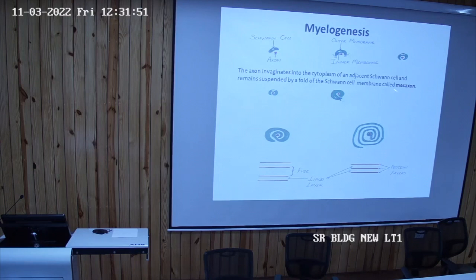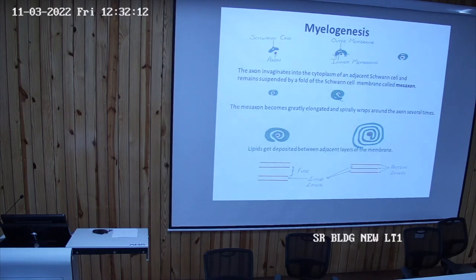It forms a fold, and that fold is called the mesaxon. Then this fold becomes greatly elongated and spirals around the axon several times.